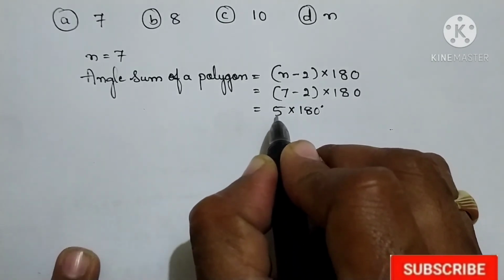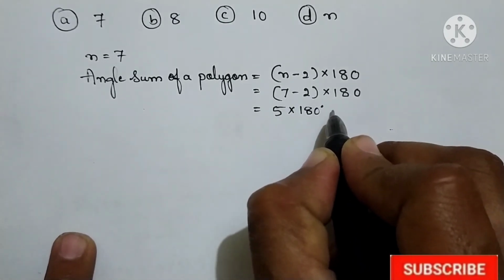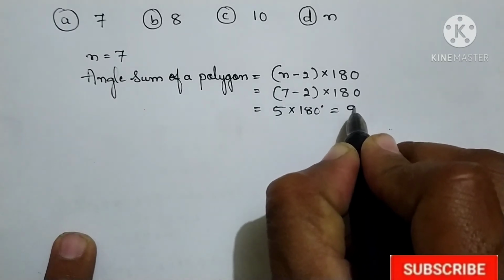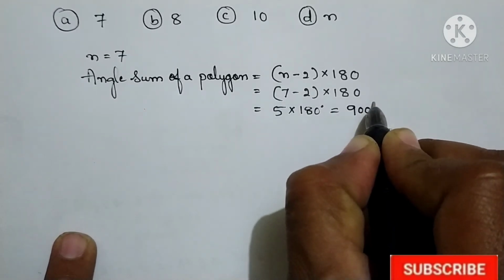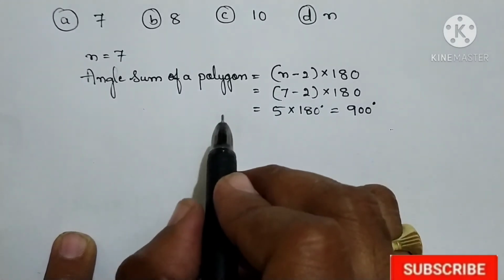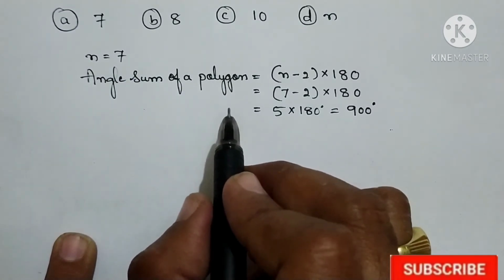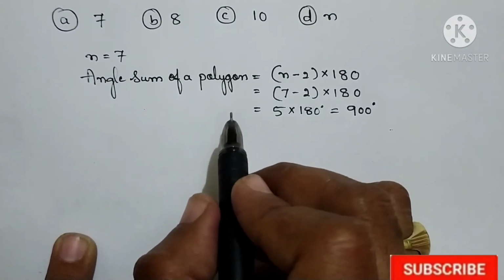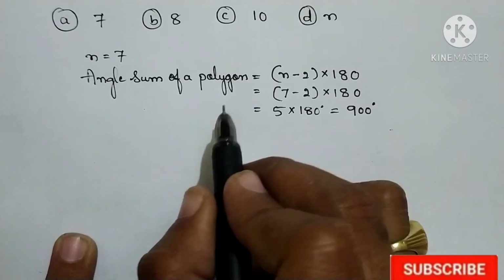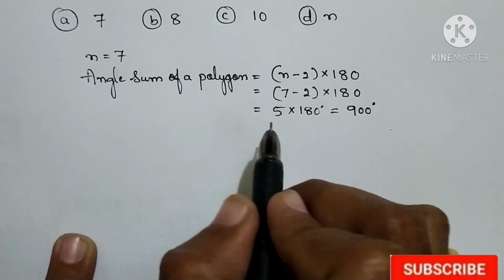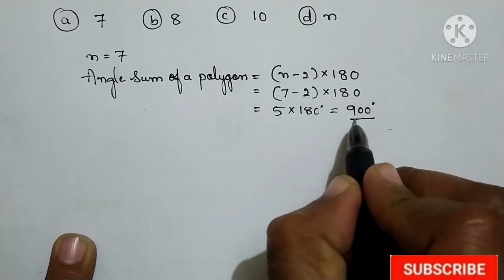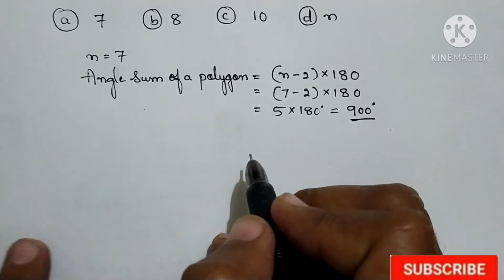Now multiply 5 into 180, that is equal to 900. So if a figure has 7 sides, the sum of all the angles of that 7-sided figure is 900 degrees.